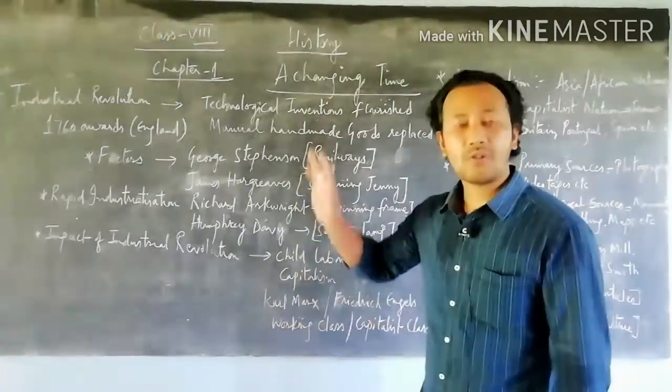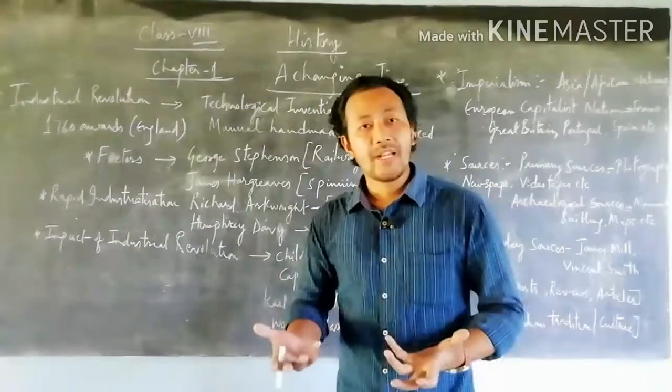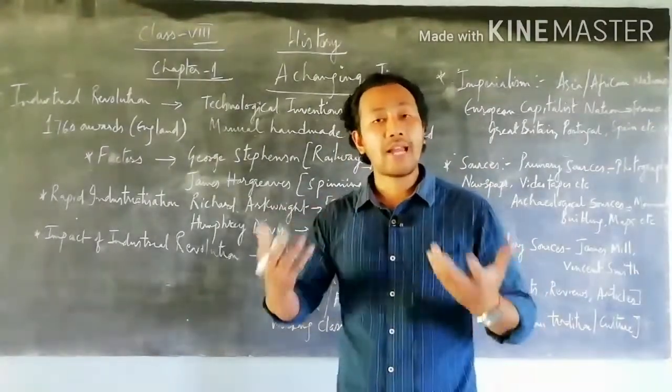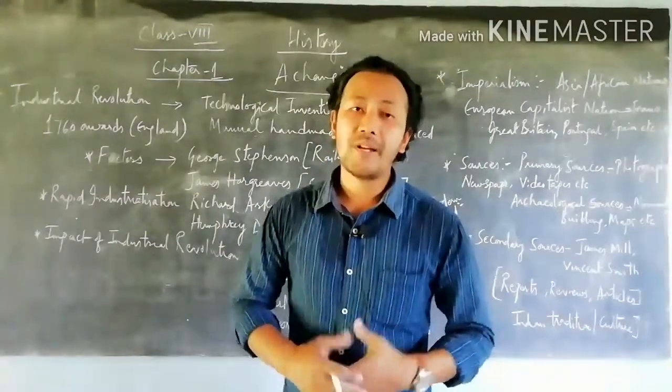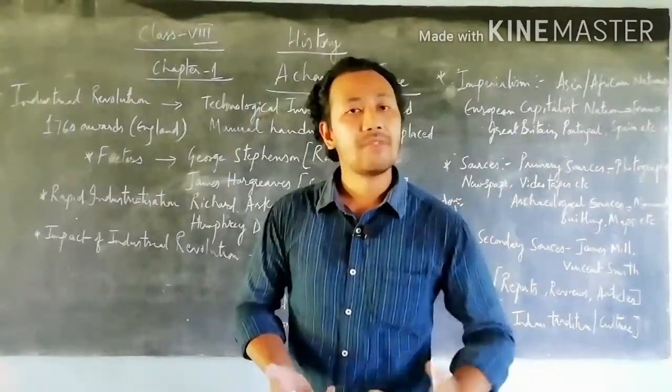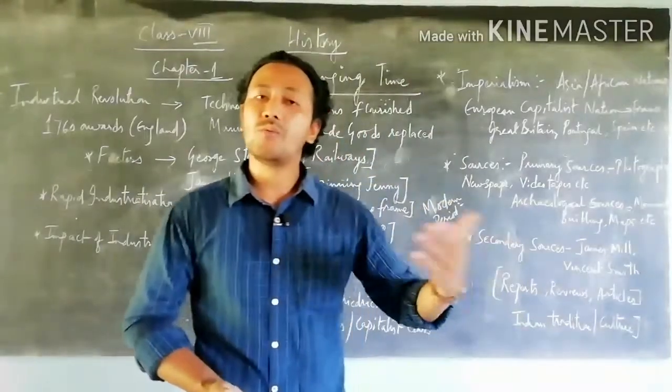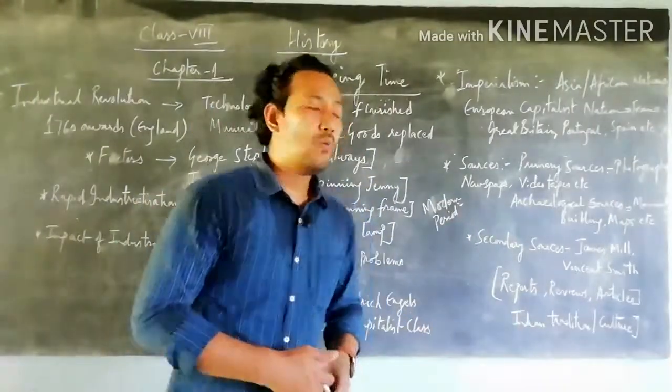So these were all the contributions of the inventors in order to make a new kind of machine, to show a new face to all the people of the European nations. It started from England and slowly spread towards all the European parts of the world.